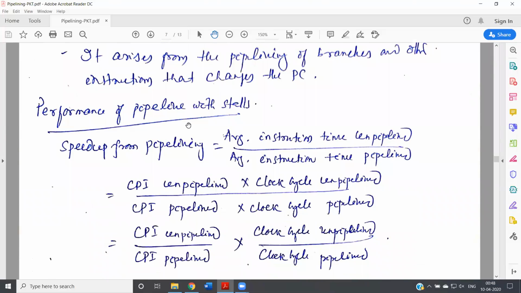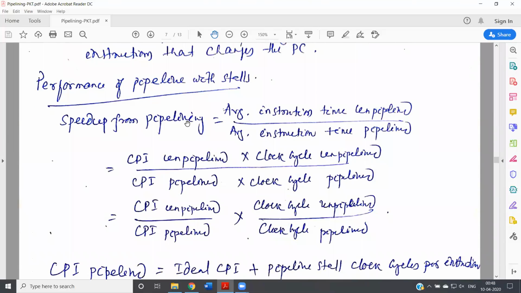Now, what is the performance of pipeline with stalls? If the stall is there, how is the performance affected? The speedup, we know, is the average instruction time in a non-pipeline architecture divided by the average instruction time in a pipeline architecture. The time in non-pipeline is the CPI of non-pipeline times the clock cycle time.